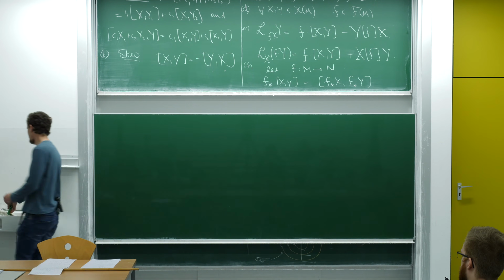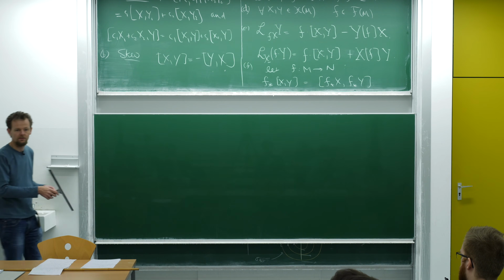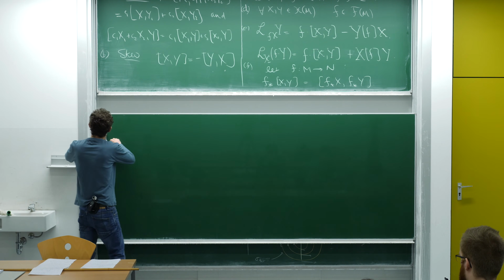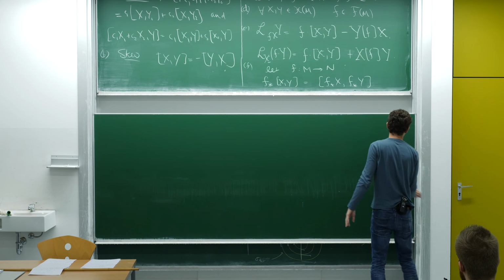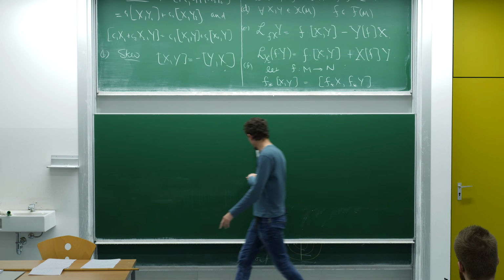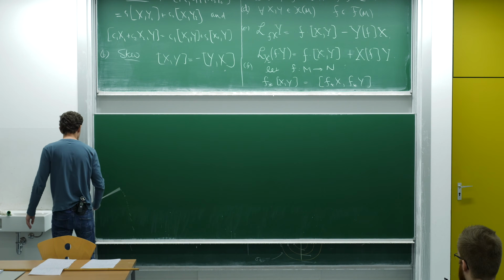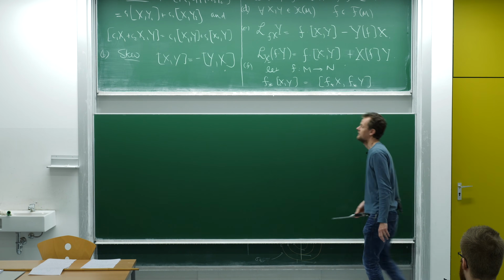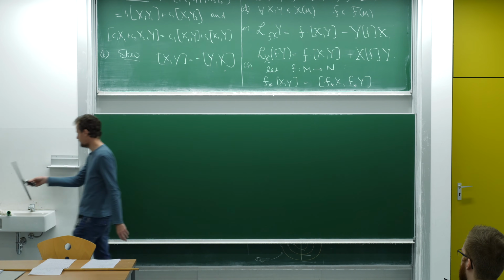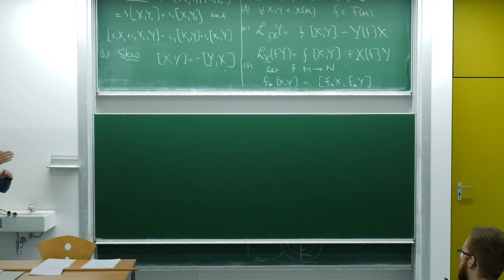So let's give this Lie bracket a bit of interpretation before we move on to looking at differential forms. What physically is this Lie bracket doing? Well, the answer is it's measuring the non-commutativity of going along two flows.